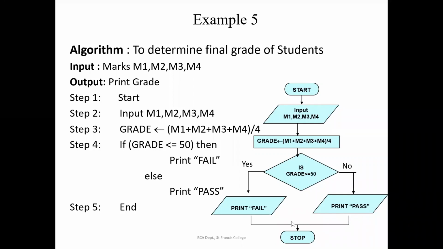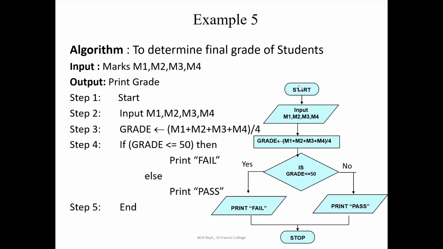There should be only one end terminal or stop terminal. You can either mention as stop or end. Those two flow lines which are coming from the two output boxes should be terminated in one stop terminal or end terminal. We have studied in the rules of the flow chart.